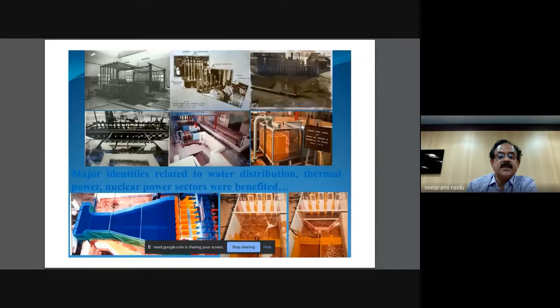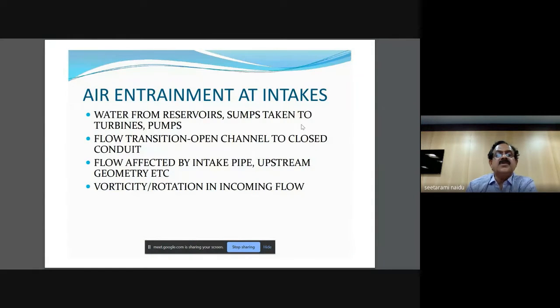Okay, these are some others. So air entrainment: in reservoirs, sumps taking water to turbines and pumps, flow transition from open channel to closed conduit takes place. The very typical aspect of a sump is that the water into the sump is open channel flow, and the entry into the suction pipe is a closed conduit.